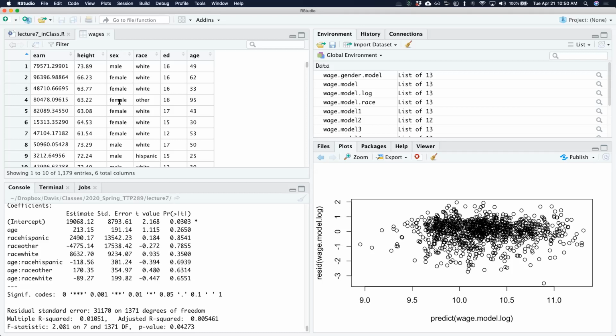I'm looking specifically at the intercept there. But you could also say that others would start lower, whereas Hispanic and white people both start higher than someone who's Black.